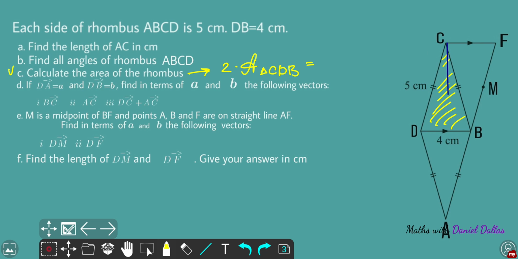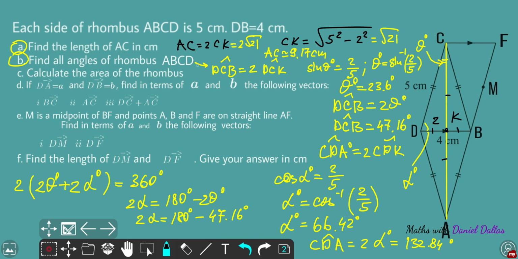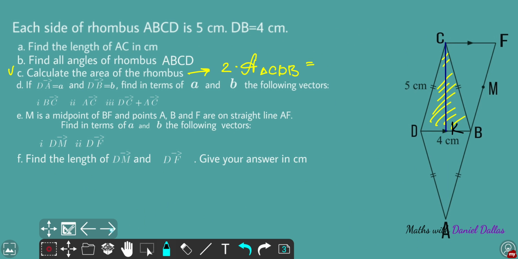So we found CK, right? That was the K point here. If you remember from the previous step, CK is the square root of 21.